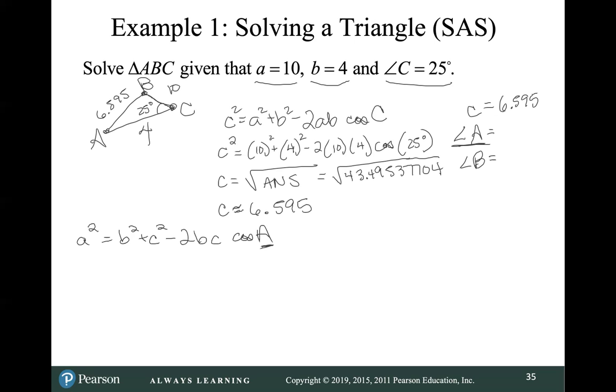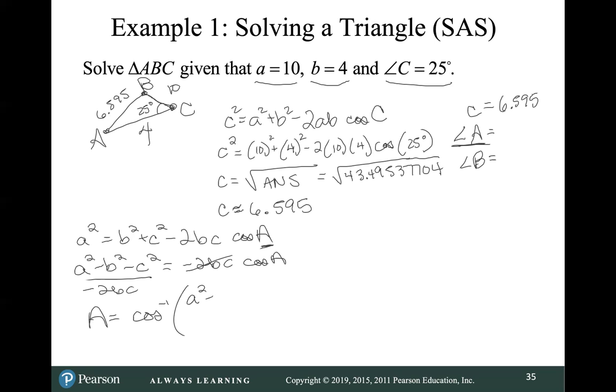So that's a squared minus b squared minus c squared equals negative 2bc cosine of A. Divide by negative 2bc. And then to get A, I need to do cosine inverse. So A equals cosine inverse of (a squared minus b squared minus c squared) divided by negative 2bc.